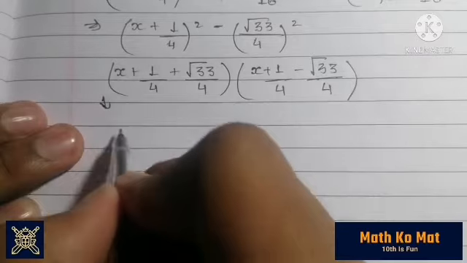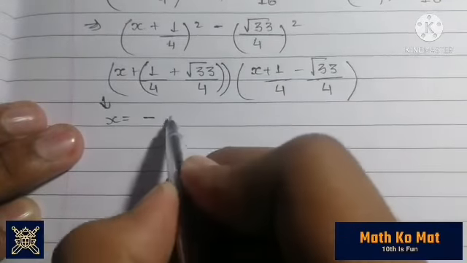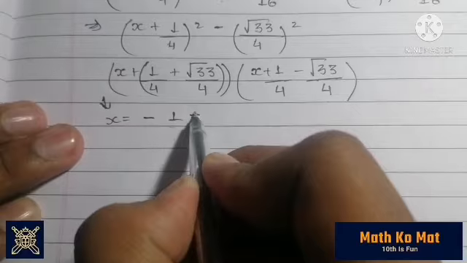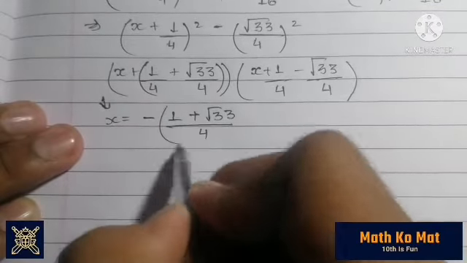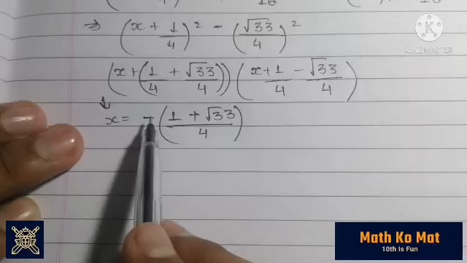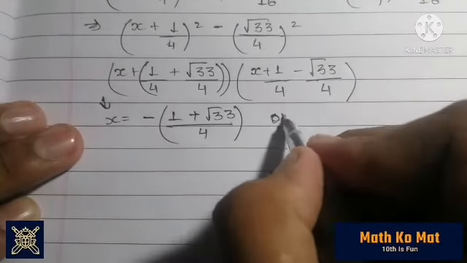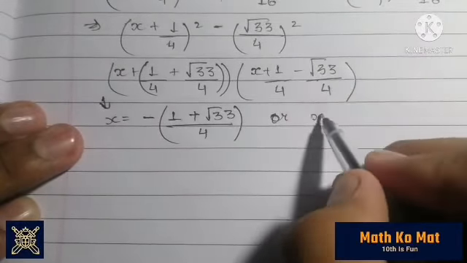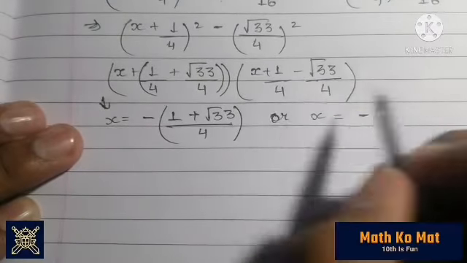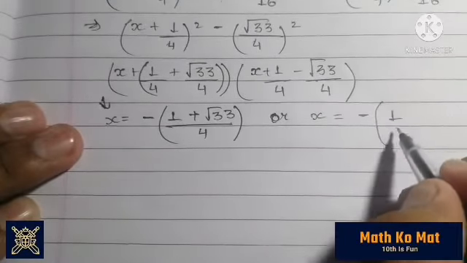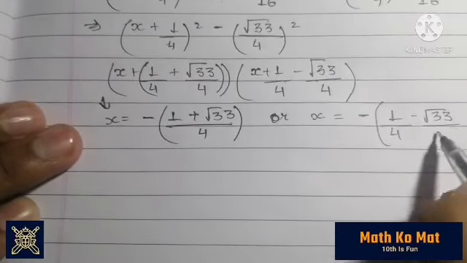So from this equation you get that x is equal to, keep it in a bracket, negative 1 plus root 33 upon 4. This is all in bracket. So when you open the bracket you get minus 1 minus root 33 by 4, or from here you get that x is equal to minus common into 1 by 4 minus root 33 by 4.